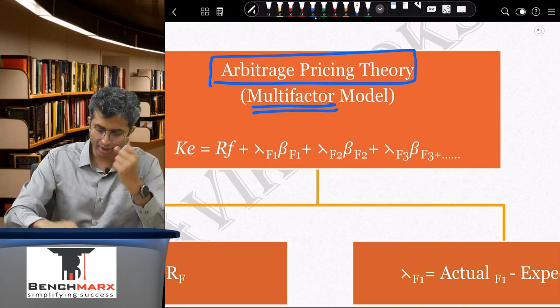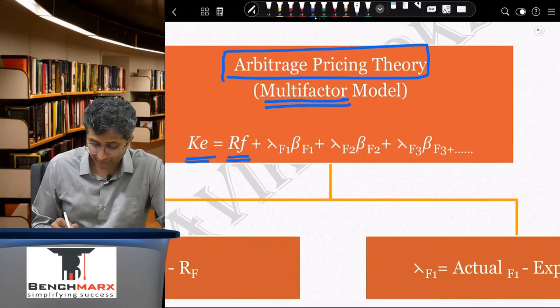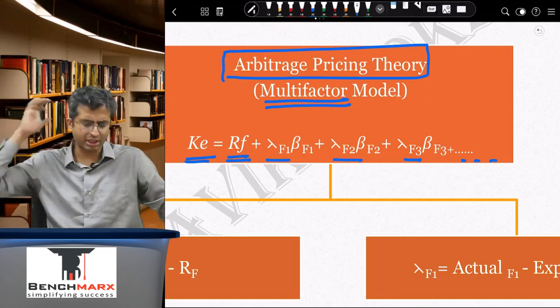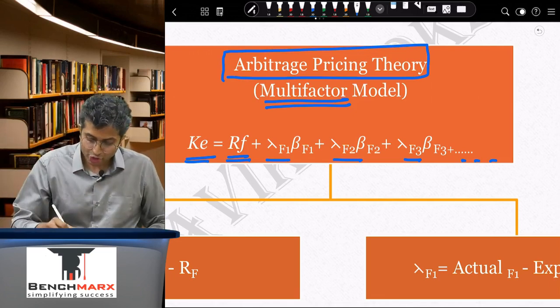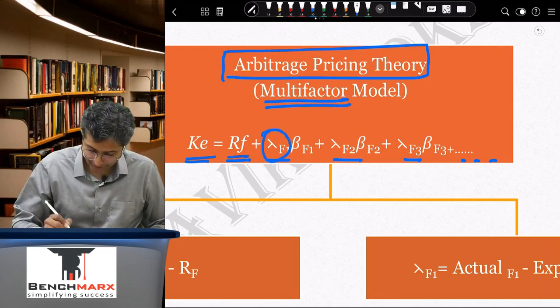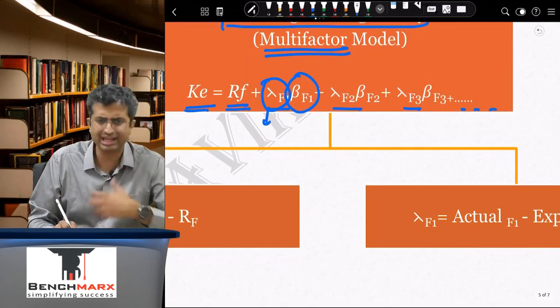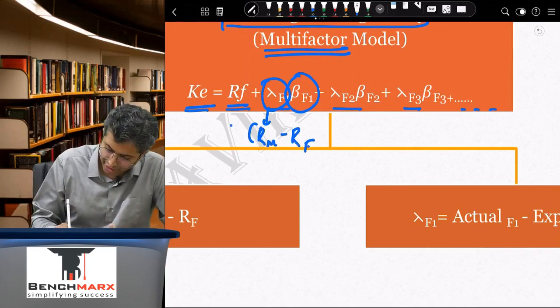And hence over here, while we use the same formula, that is K is equal to RF, we take multiple factors, 1, 2, 3, dot, dot, dot, and it is open-ended. It depends on your company which factors you have to take. So over here, you take lambda of factor 1 into beta of factor 1. So what do you mean by lambda? Lambda is like that same, like we do RM minus RF into beta.